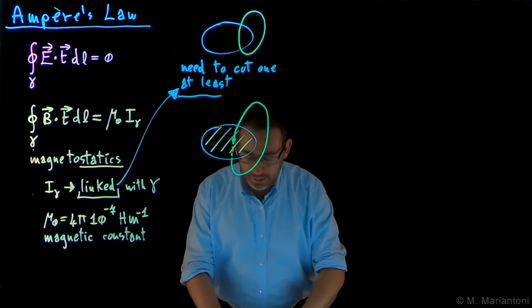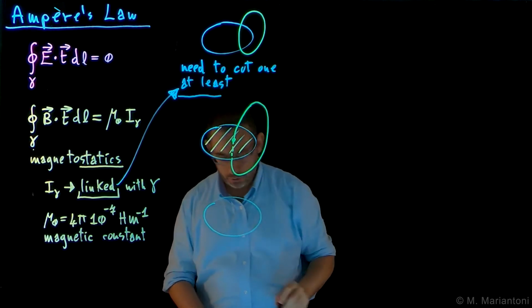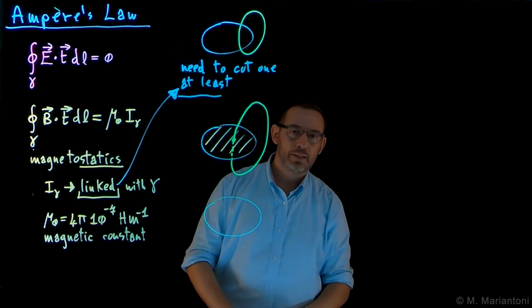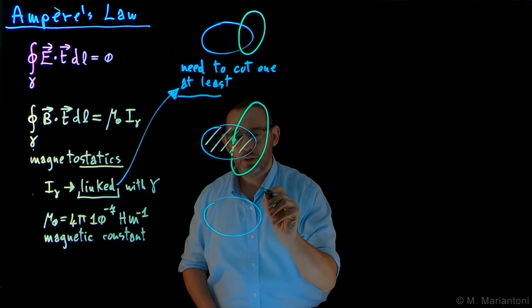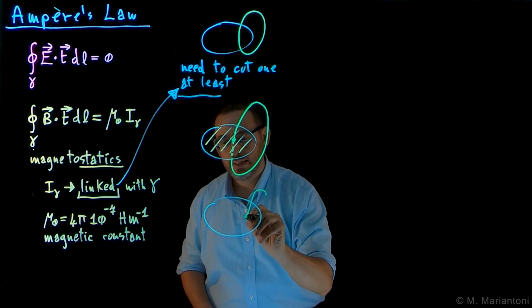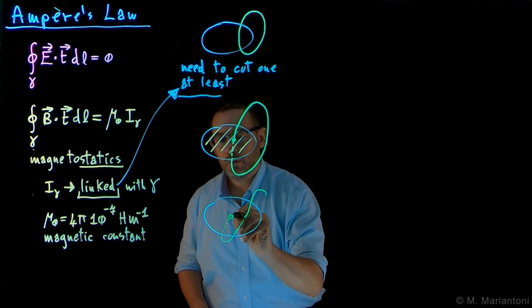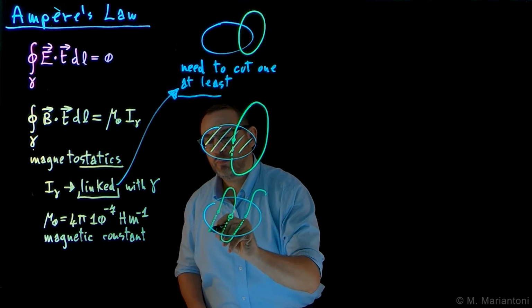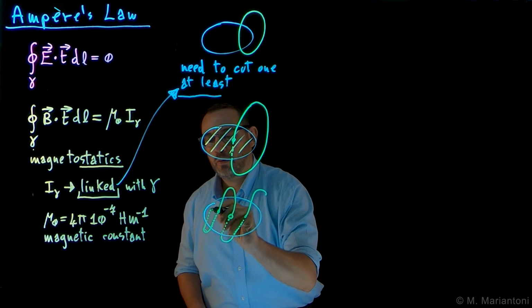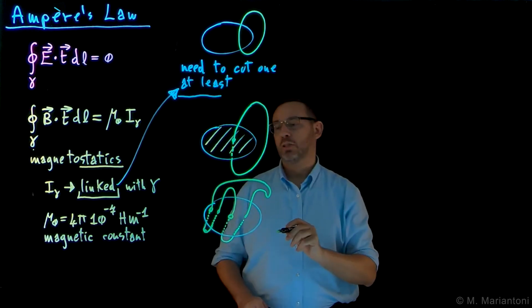More in general, as it turns out, two lines are linked if something like this happens. If you have an odd number of cuts, for example, you go like this, you cut, then you go to the bottom, and you go back up, you have another cut, then you go up again, another cut, and eventually you close up this line in this fashion.